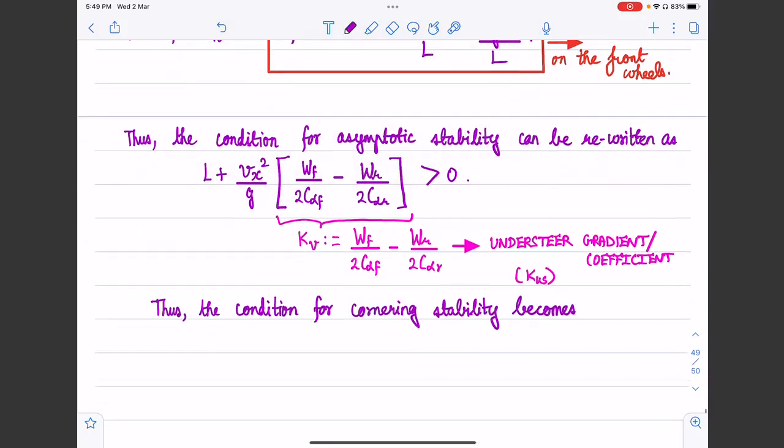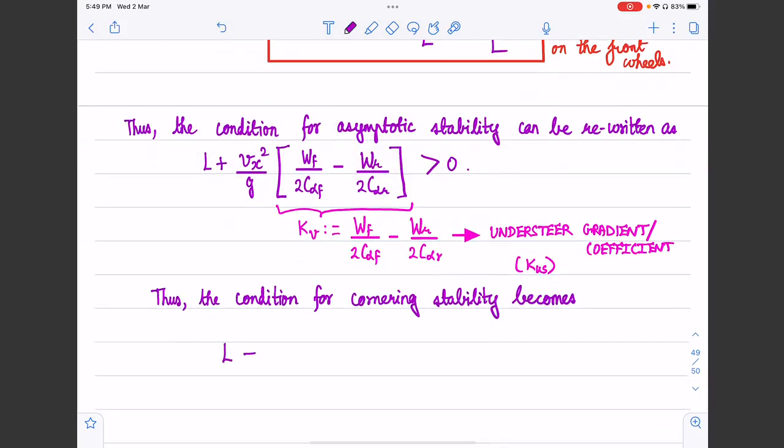Through this definition, we get L plus KB Vx squared divided by G to be greater than 0. So this is finally the condition for cornering stability using the linear dynamic bicycle model. Please note that, that is something which is very, very important.